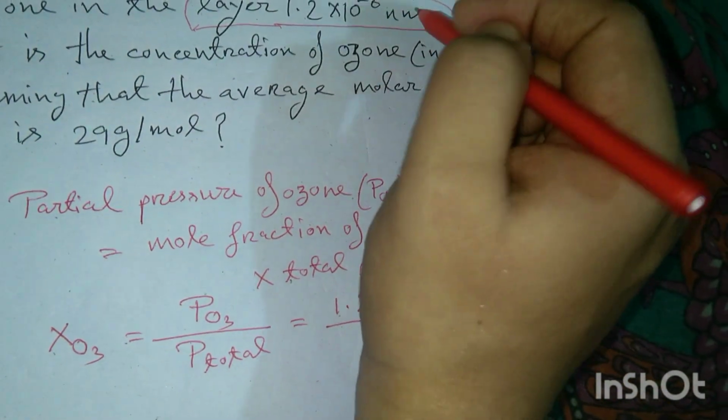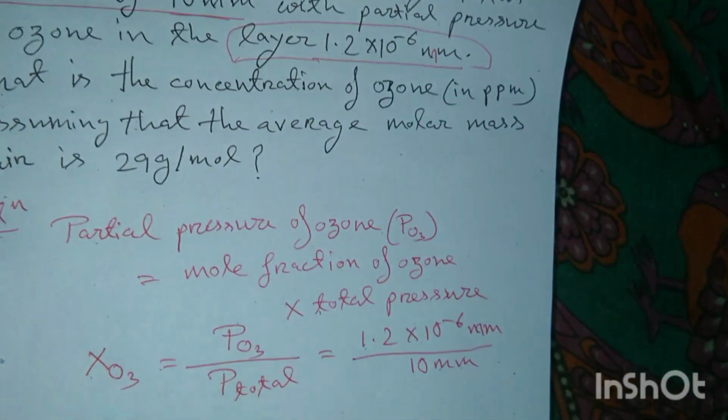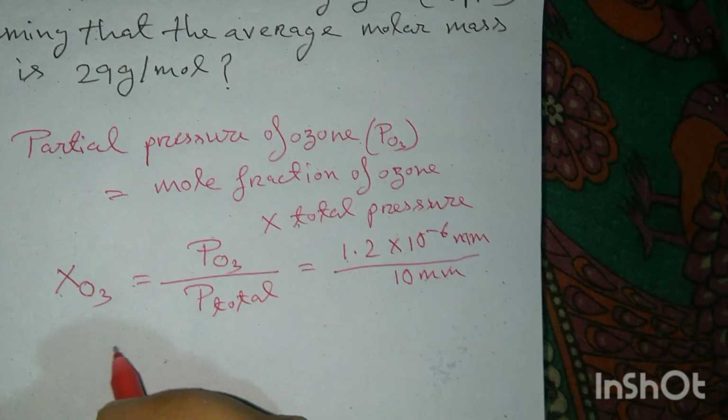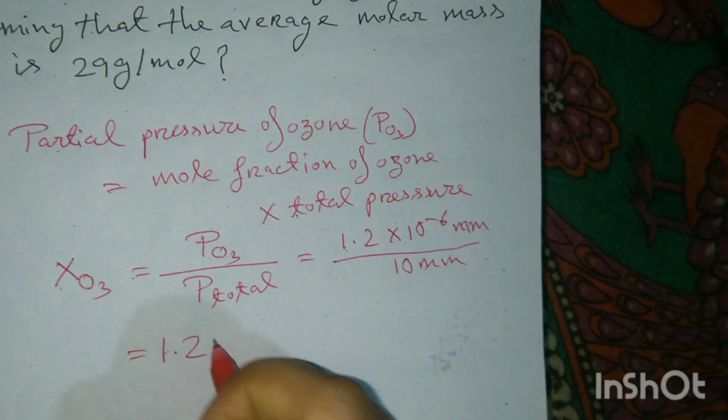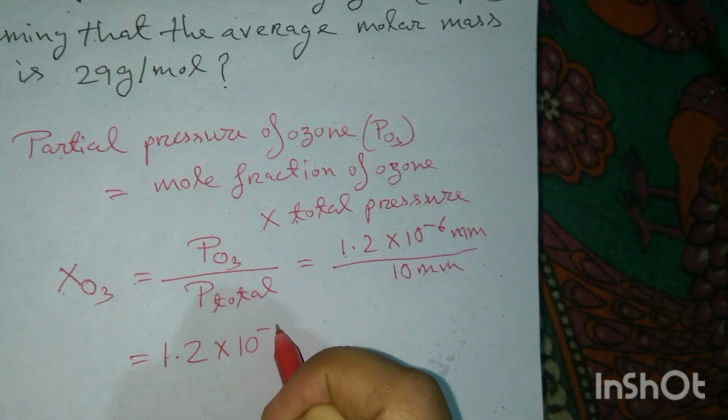It is not nm, it is mm. So this equals 1.2 into 10 to the power minus 7.